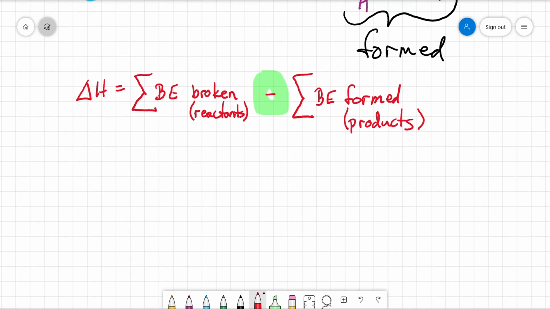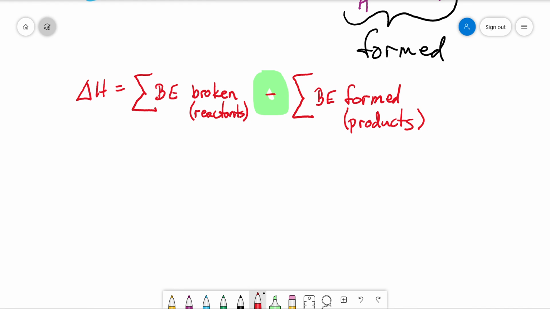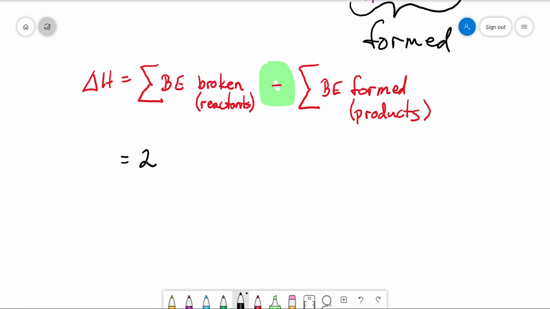So, in order to complete this, what I'm going to do is just sum up all of those energies. So we had two hydrogen-hydrogen bonds, so it's 2 times the bond energy for hydrogen-hydrogen plus the bond energy for oxygen-oxygen double bond.